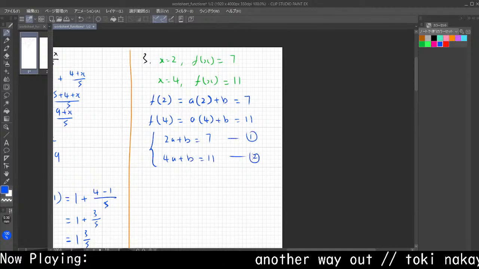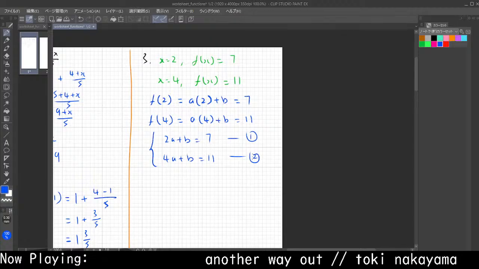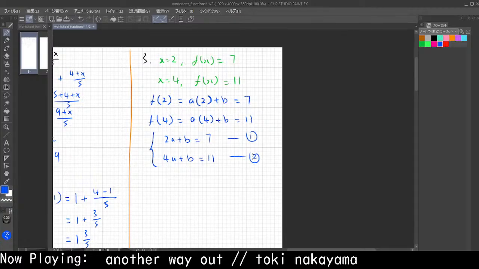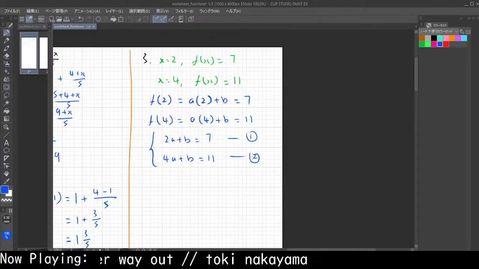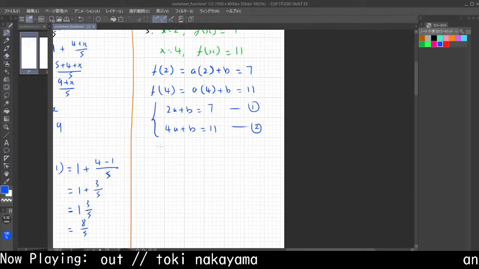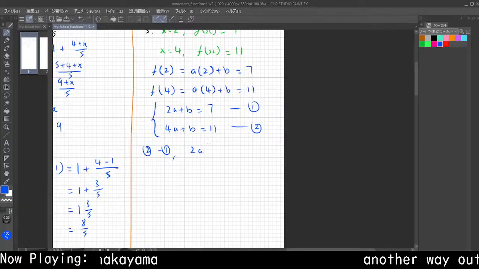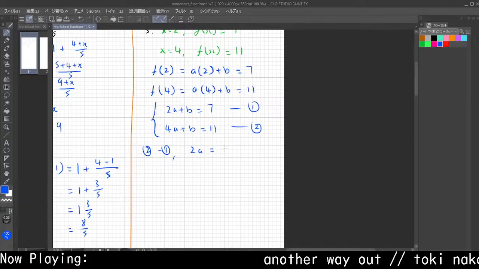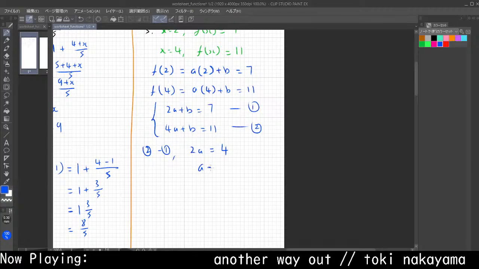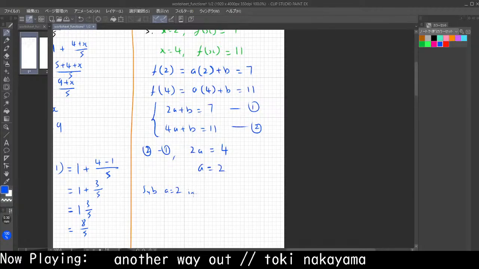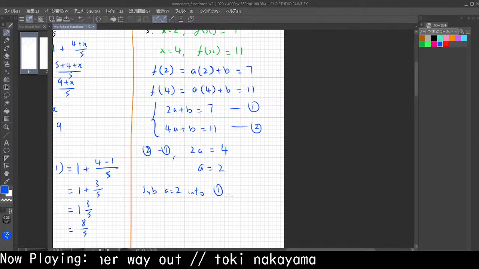This is the same thing as you did in secondary 2 or 3. Equation 2 minus equation 1: 4a minus 2a, I get 2a. b minus b is nothing. 11 minus 7 is 4. So a equals 2. Substitute a equals 2 into 1 or 2; I choose 1.